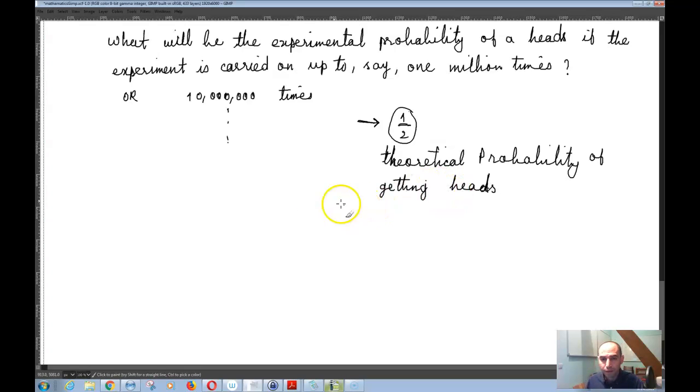So basically the concept of theoretical probability has also been called classical probability.